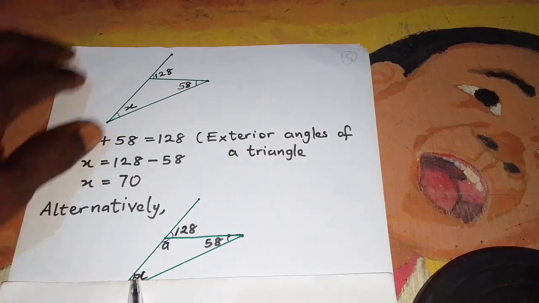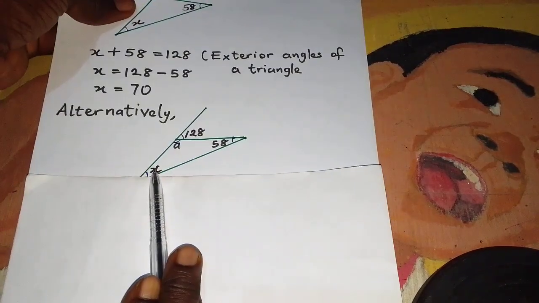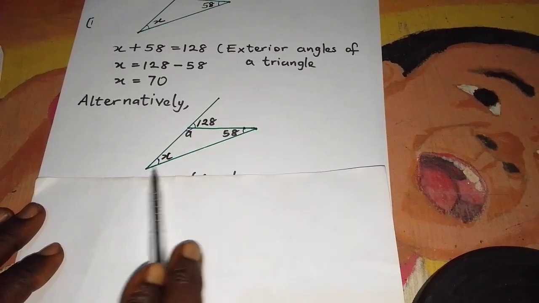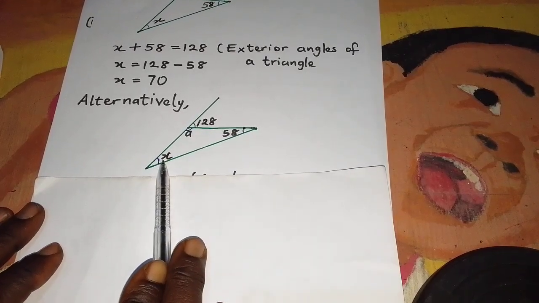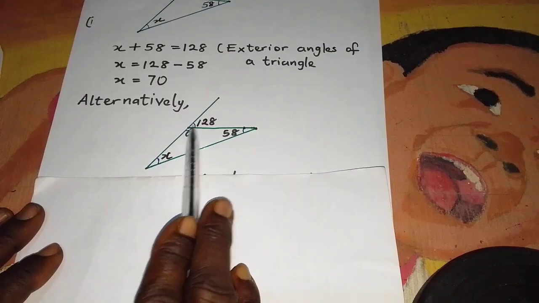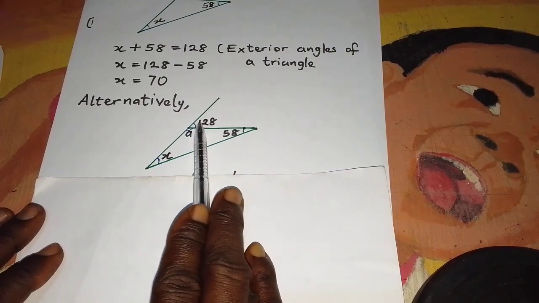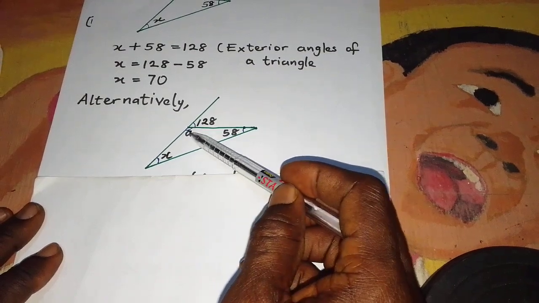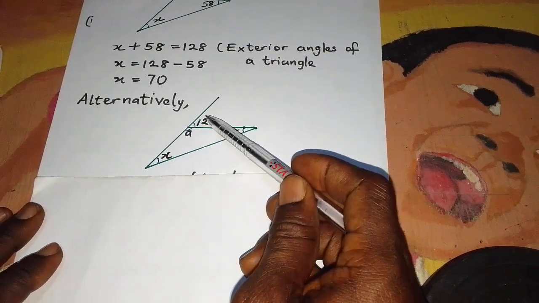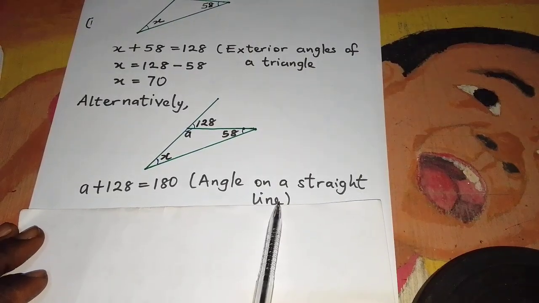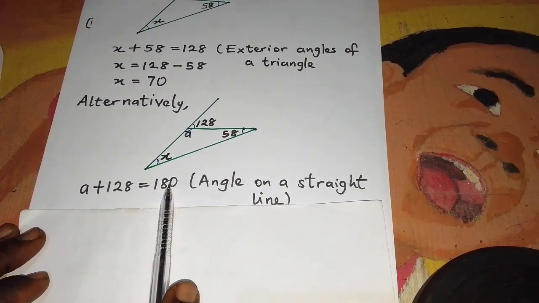Alternatively, you can also solve this question this way. Now you have this triangle. You are told to look for x, though you are not told to look for this A. There's no angle given here, and you are given 128 here. But you can take this to be a straight line. If you add angle A plus 128, that will be your angle on a straight line, that is 180.